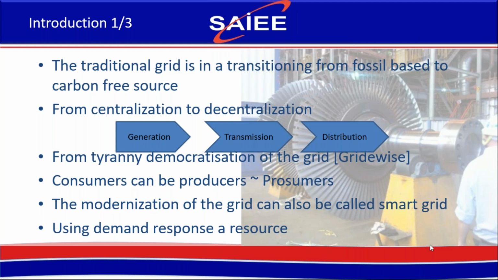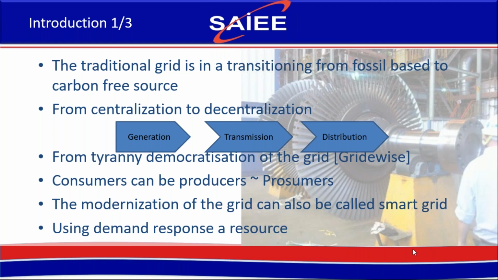Currently, we are all aware how our grid works. You've got generation, transmission, and then distribution. And that's how power goes from top to bottom. We are also moving from tyranny to democratization of the grid. Because now there's nothing much you can do. You are forced where you're supposed to buy electricity, who you can sell electricity to.